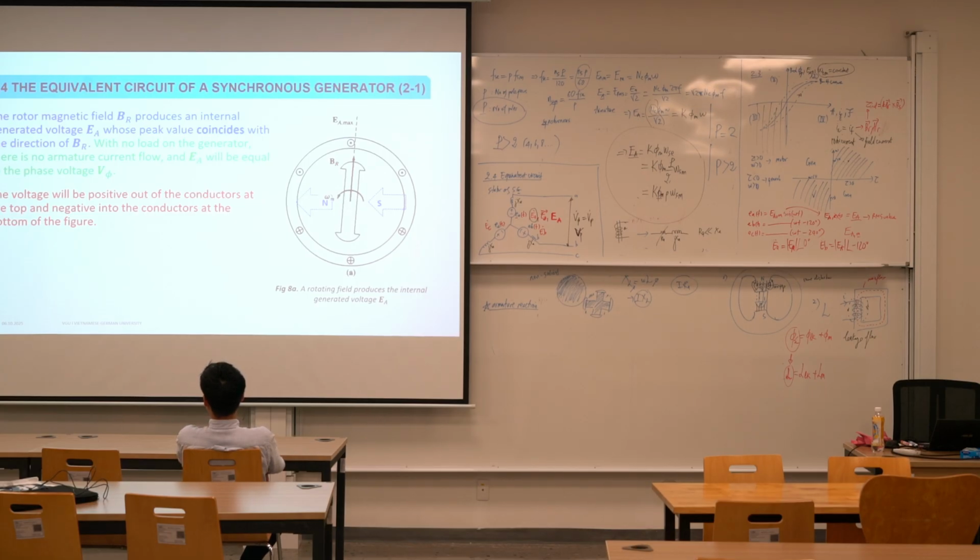Okay, so we look at this paragraph, we talk about no load condition. No load condition doesn't mean we don't have load, it means we don't have IS, so no distortion.